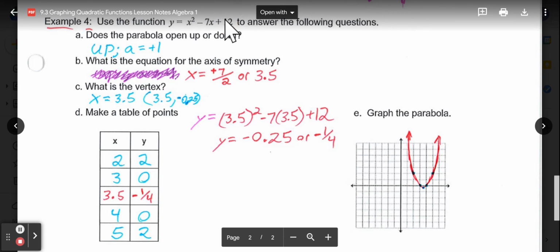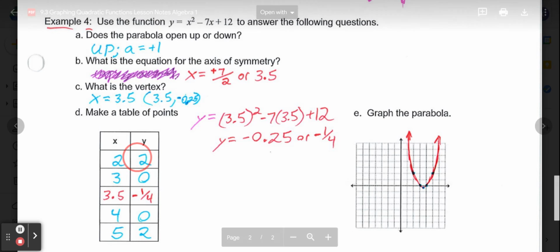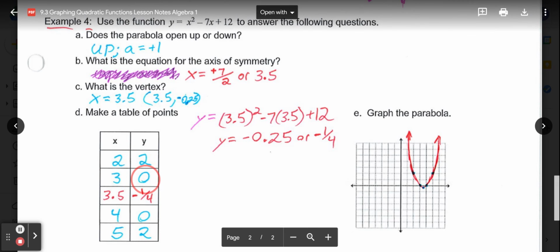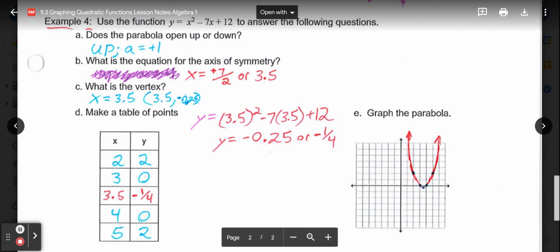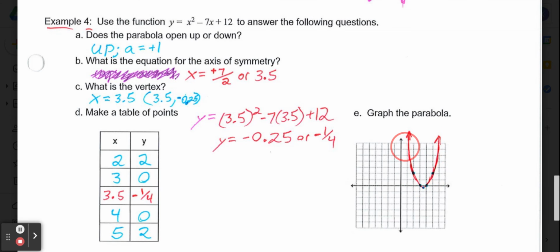Solve that to get your y values. So we'd end up with the points 2, 2, 3, 0, 3.5, -1/4, 4, 0, 5, 2. So then we should end up, once we plot our points, with a curve opening up for our parabola here.